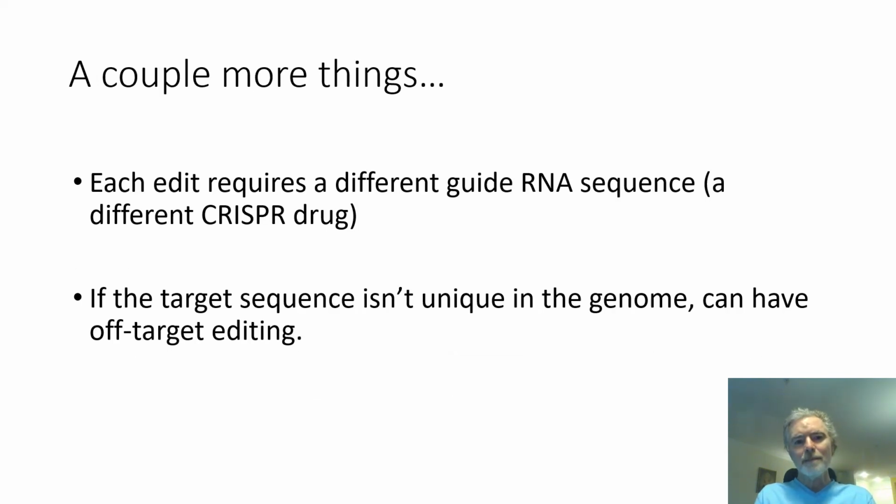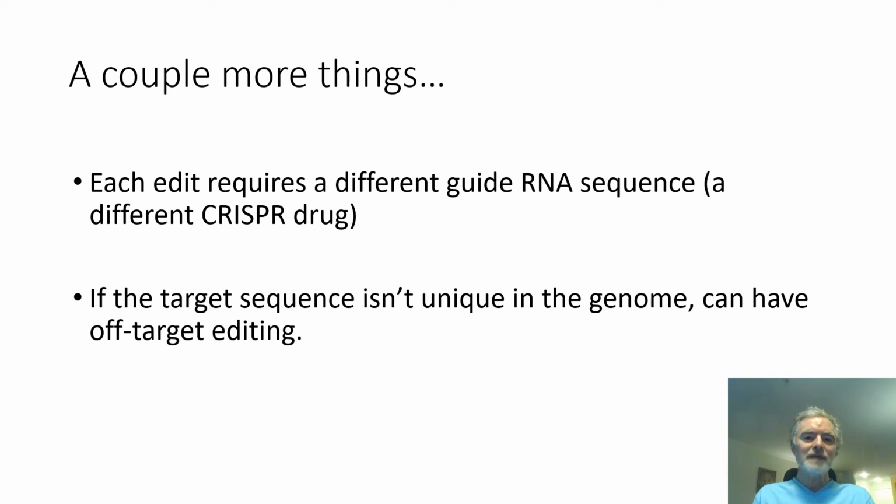Okay, so a couple other points to finish up the first half of the gene editing section. And that is that every edit is targeted to a specific DNA sequence.